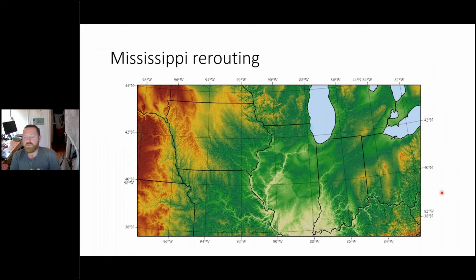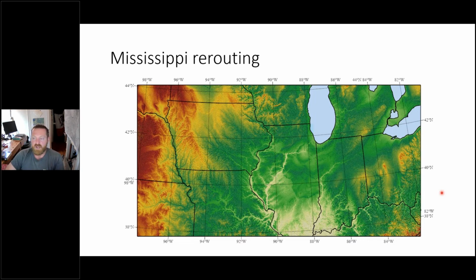So one of the most interesting things about the Mississippi is that it is relatively recent in Iowa. Well, parts of it. We think about the Mississippi River as this unmovable force. It's this giant river, the old man river. But that's not the case.